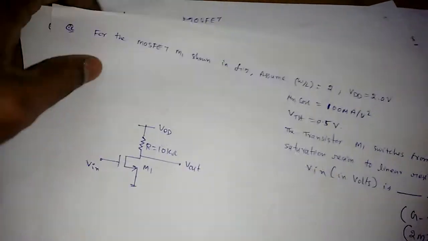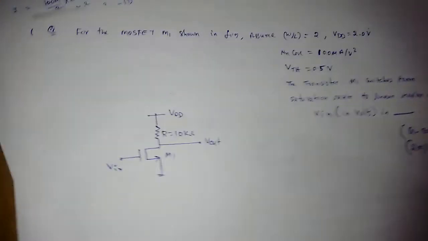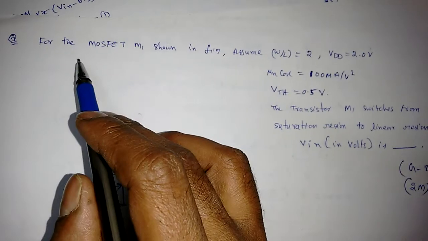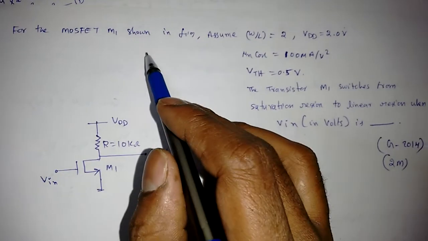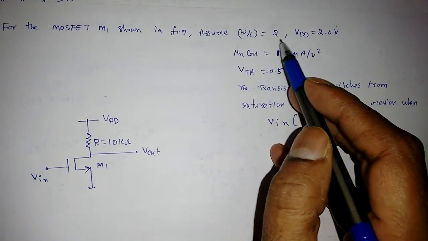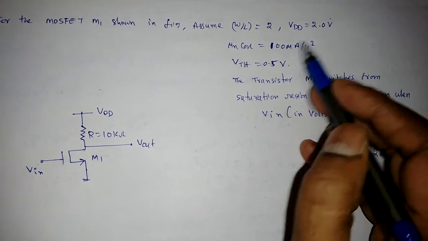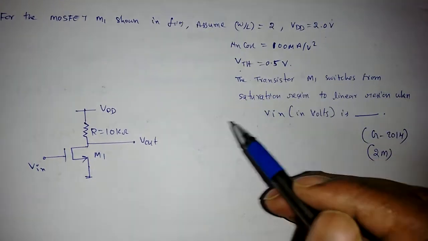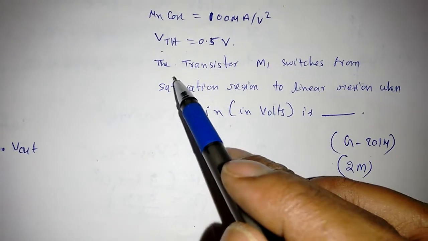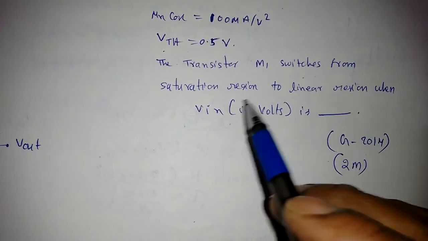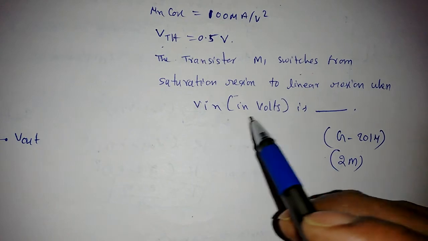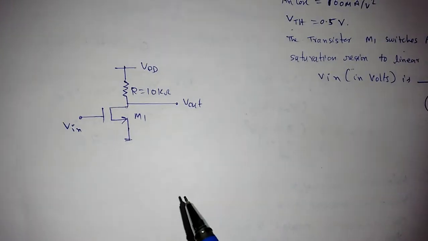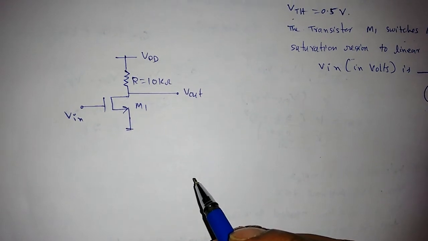Next, one more problem that came again in GATE 2014 in a different set, again for 2 marks. For the MOSFET M1 shown in figure, assume W by L is 2, VDD is 2, and mu n Cox is 100 microamps per volt square, VTH is equal to 0.5 volt. The condition is that the transistor M1 switches from saturation region to linear region when Vin is equal to what. For this we may require 2-3 equations.